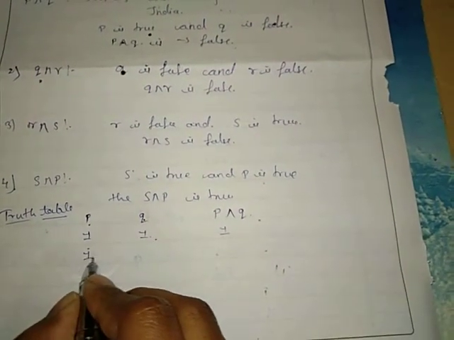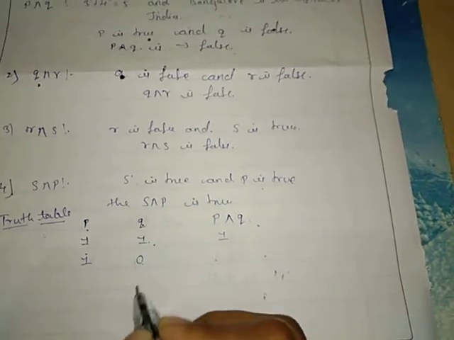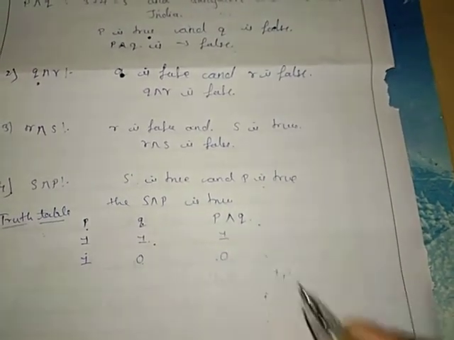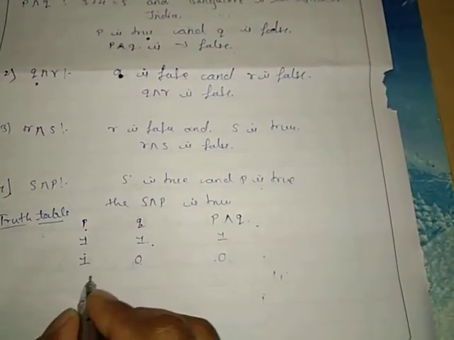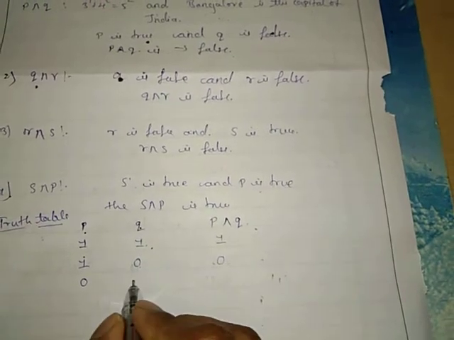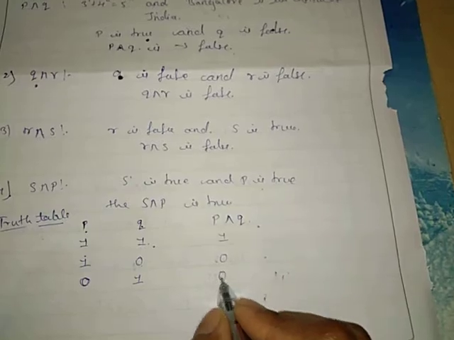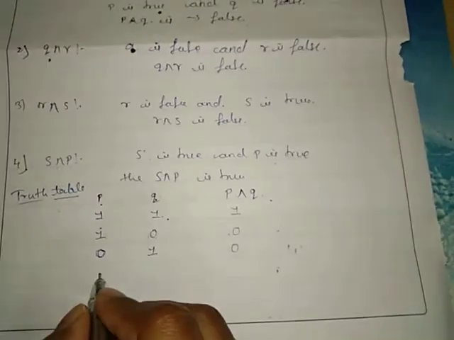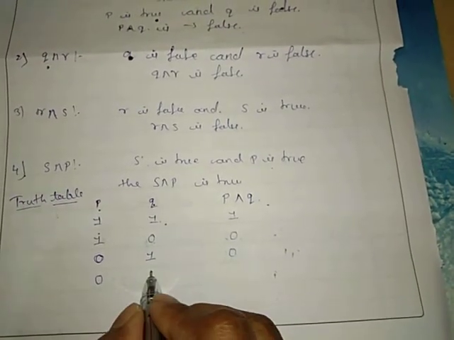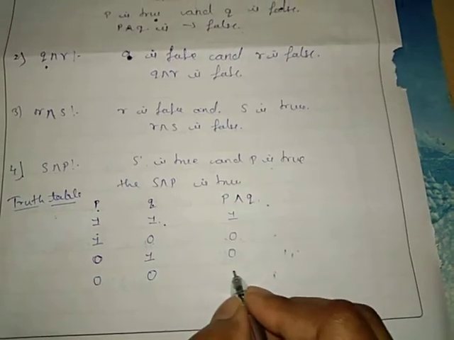Suppose P is true, Q is false, then P and Q is false. Suppose P is false, Q is true, then P and Q is false. Suppose P is false, Q is false, then P and Q is also false.